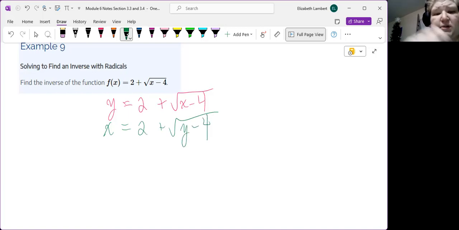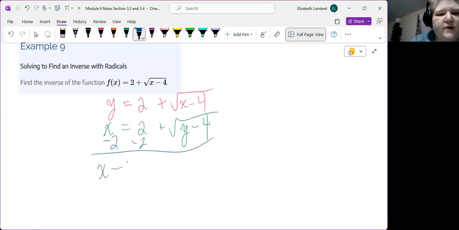Or if you look at the book, it is going to go through the steps where it gets x by itself and then swaps them. It doesn't matter which way you do it, you'll end up with the same result. Minus the 2. So we have x minus 2 is the square root of y minus 4.